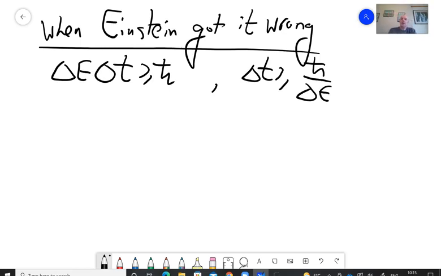So Einstein proposed a gedanken experiment where he claimed that he can refute this uncertainty principle, essentially to limit the time to arbitrary accuracy, however small, minimal as one wishes.